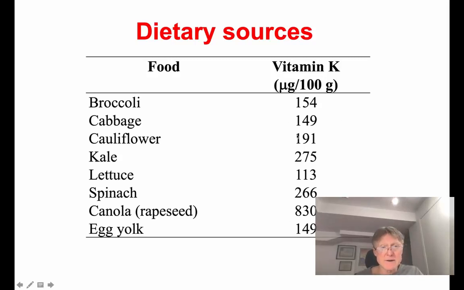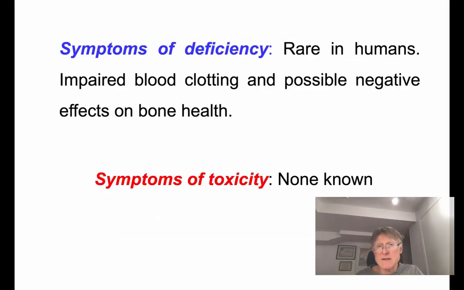If you eat one of these foods on a regular basis, you probably surpass the daily allowance of vitamin K. So it's very rare that you're going to see symptoms of deficiency.